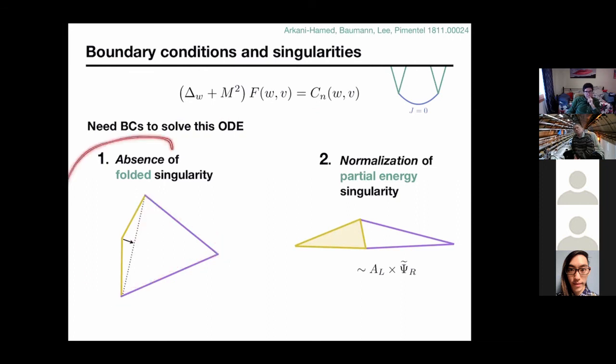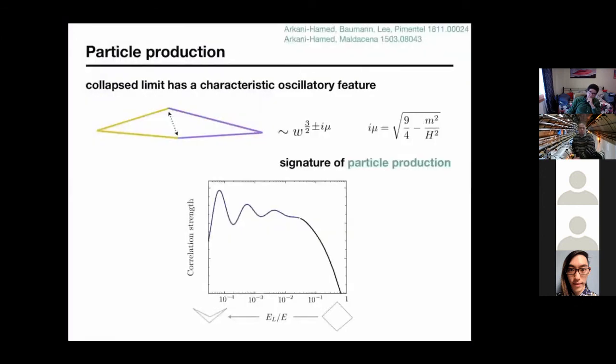It turns out that demanding that this singularity is not there is sort of the boundary reflection of choosing Bunch-Davies initial conditions in the bulk. And one way to think about that is that oftentimes when you choose non-Bunch-Davies initial conditions, you find singularities in these folded configurations. And so, like I mentioned before, this is sort of where the information about Bunch-Davies initial conditions sneaks in. Okay. And then the other boundary condition is just we choose to normalize the partial energy singularity in the correct way.